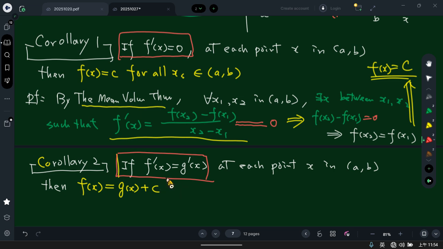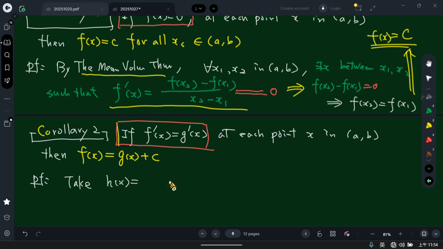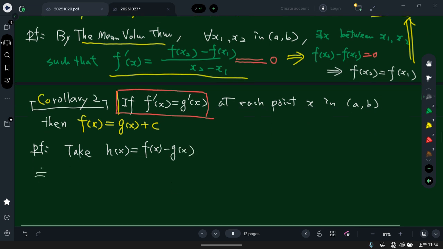We can prove it. We just take h of x equal to f of x minus g of x. Then we differentiate both sides.